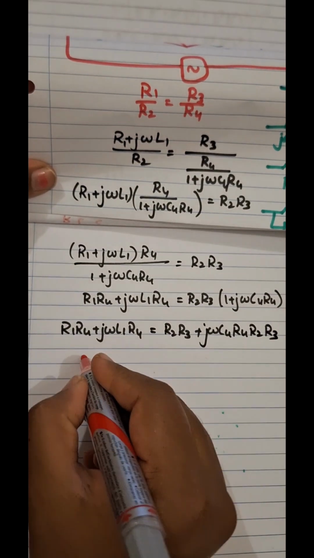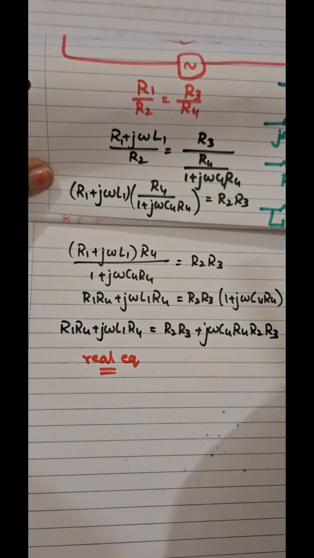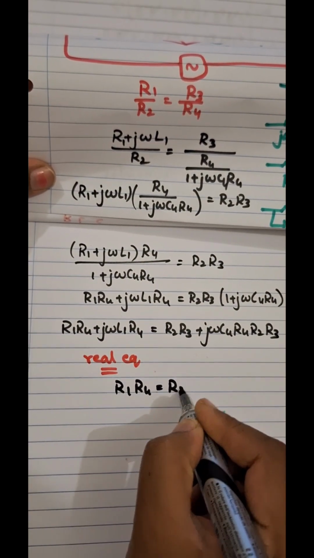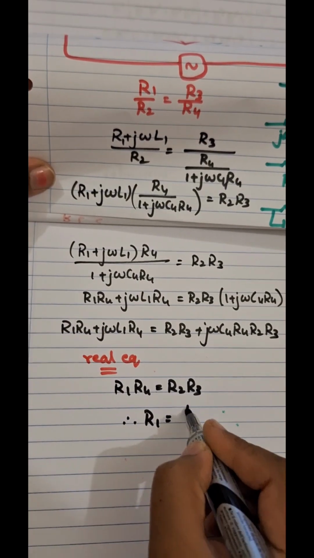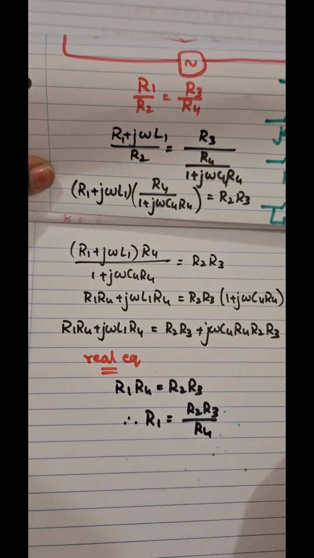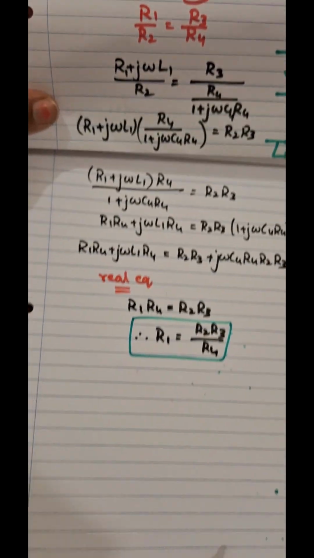Now usually what we do is equate the real parts. When you equate the real parts, R1 R4 is equal to R2 R3. Usually our R1 is the unknown value. So R1 is equal to R2 R3 by R4. If you want to know the value of the unknown resistance, you can use this formula.